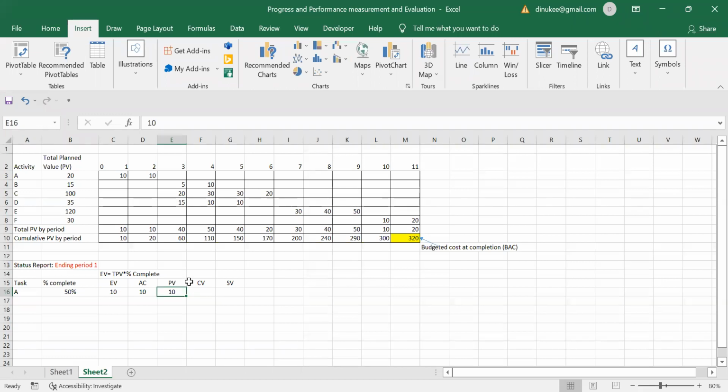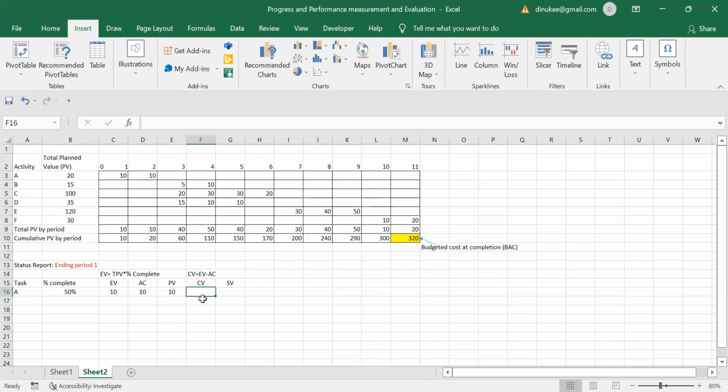In cost variance, we deduct the actual cost from the earned value. We are checking whether the actual cost is less than or more than the earned value we have earned. So cost variance can be calculated by getting the earned value and deducting the actual cost.